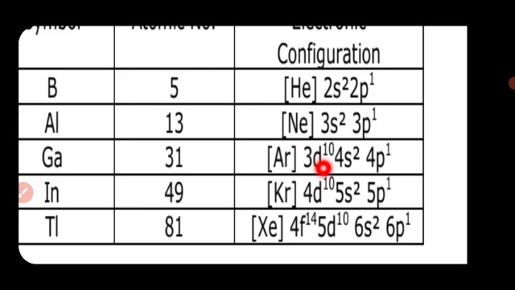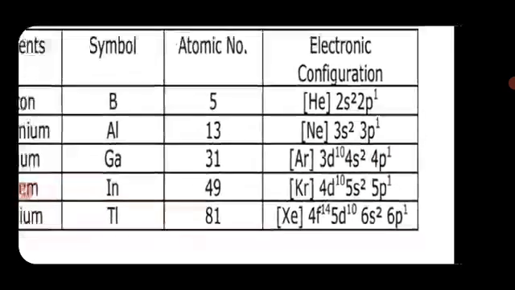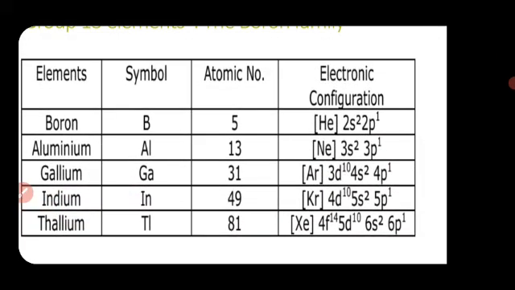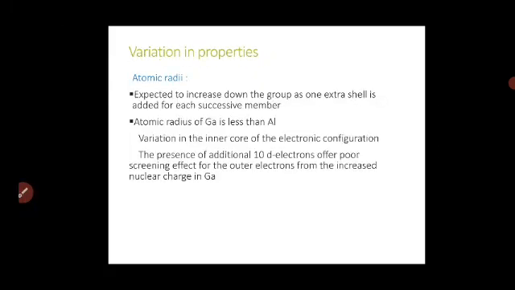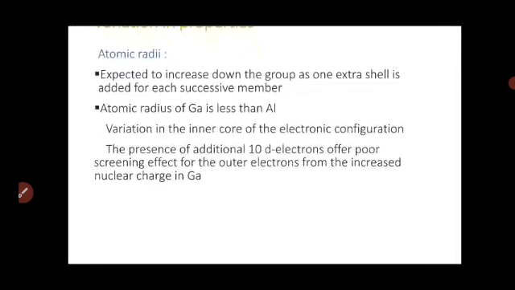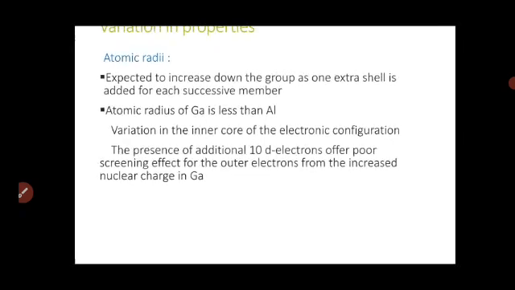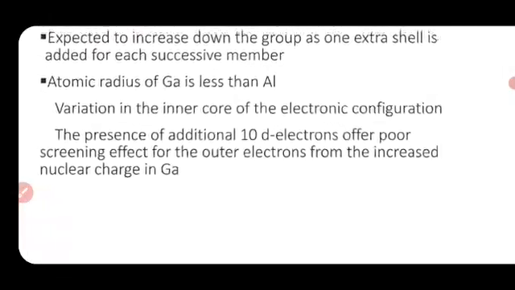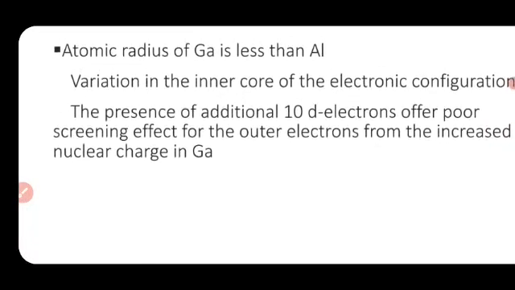So the number of inner core electrons is more, and hence there is a screening effect for the outermost electrons, right? But this screening effect is less, and hence the outermost electrons are attracted nearer to the nucleus, and hence gallium has a smaller size or smaller atomic radius than aluminium.